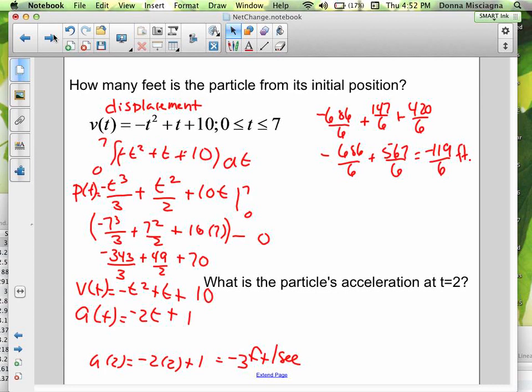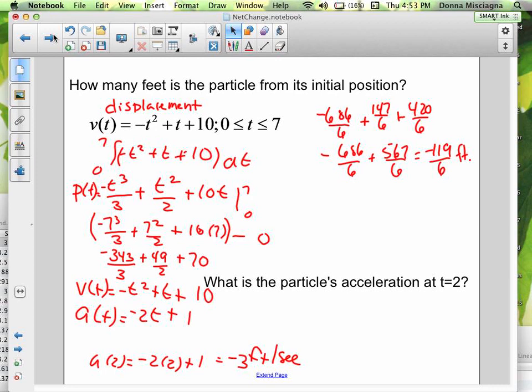I just need a common denominator to add those together. And I think I did that over on the side there. Negative 686 plus 147 plus 420 over 6 means it has moved in the negative direction, because it's now negative 119.6 feet away from where it started. So a lot of movement in the negative direction.